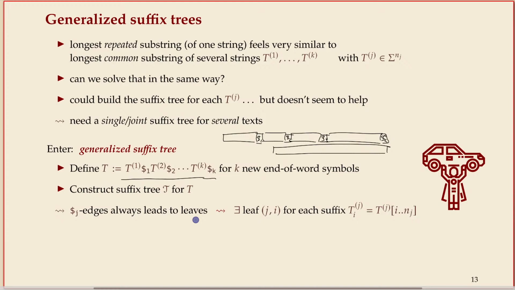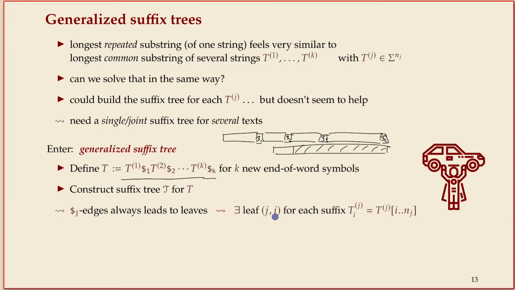That's what this here says, and that means conceptually I can ignore that this suffix contains a copy of all the later texts. As soon as I have a unique leaf here, I could say that leaf corresponds to the jth text and the ith position in that text.